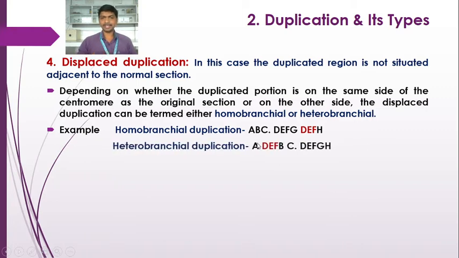And when this DEF region is present on the opposite side of the centromere from the original section, then it is heterobranchial. Here this duplicated DEF region is present on the opposite side of the normal or original section, so it is heterobranchial.